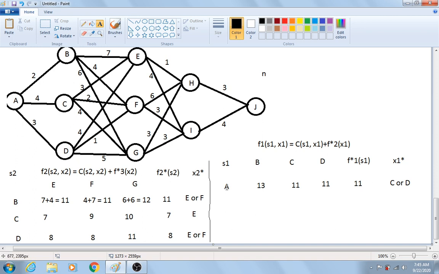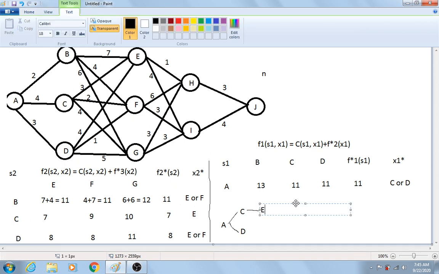From A we can go to C or to D. From C we can go to E. We got that from n equal 1.